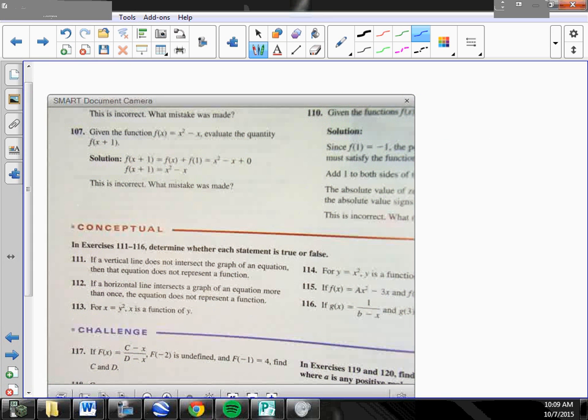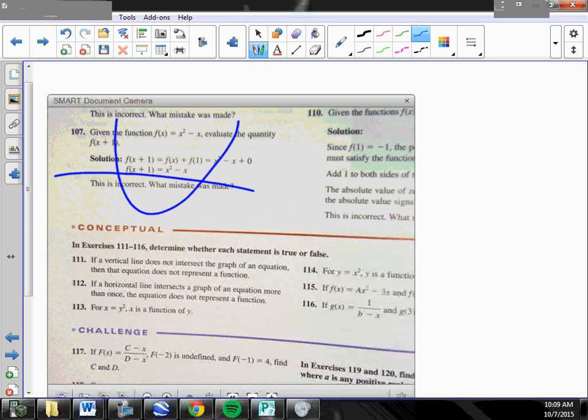Right, 112. If a horizontal line intersects a graph of an equation more than once, then the equation does not represent a function. So we have a horizontal line that hits twice. Is that still a function? Yes. It's the vertical line test, not the horizontal line test.